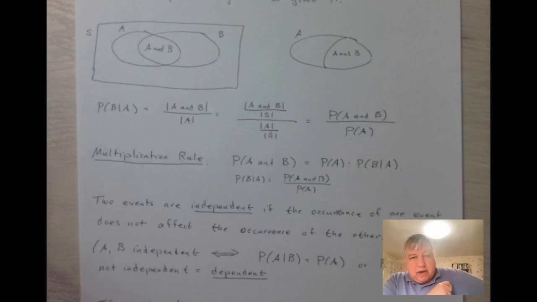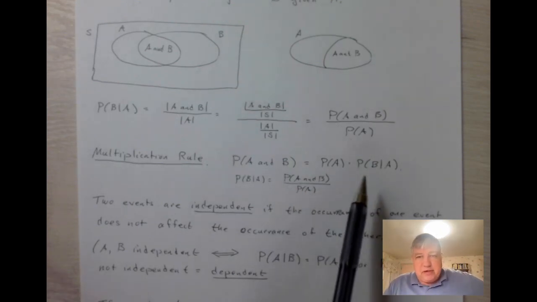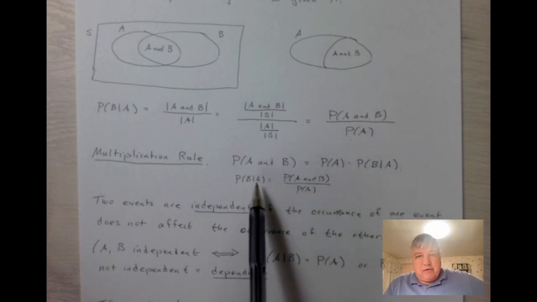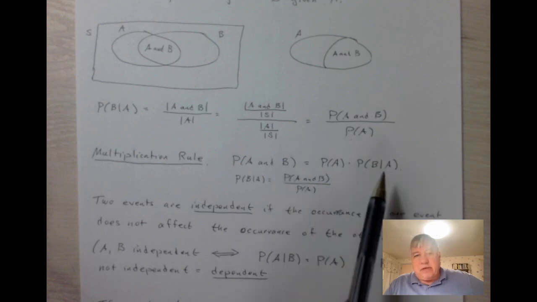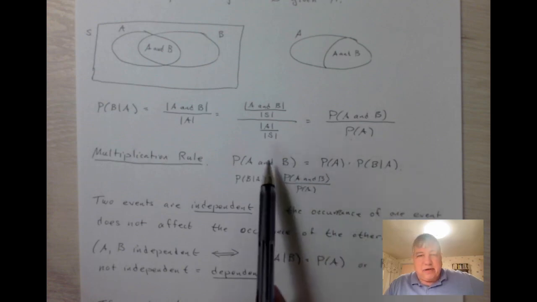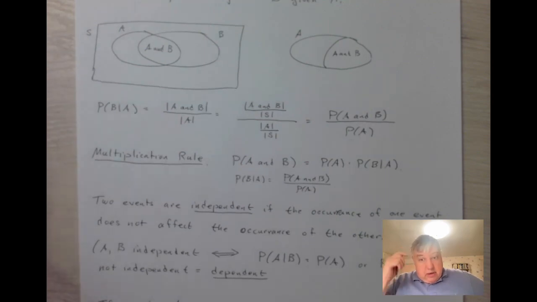Sometimes you can use this to compute the conditional probability, or sometimes you want to find the probability of A and B. Maybe it's not quite as easy as you think, but it's easy to compute the conditional probability. So then you can use this form. Basically, use whatever's easier for you. But like in the previous example with the things in the jar, it was just easier to compute this directly.